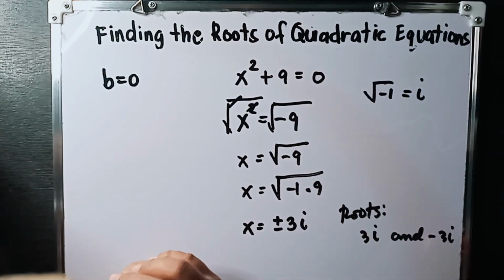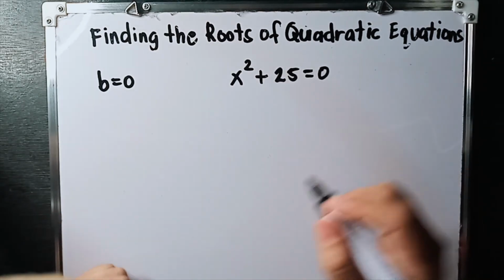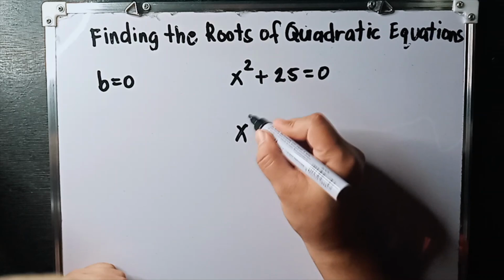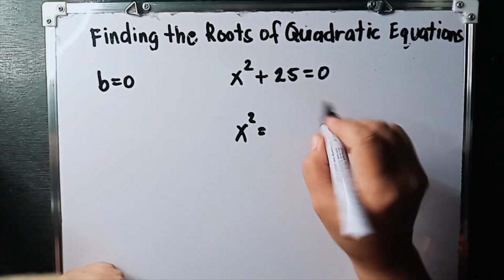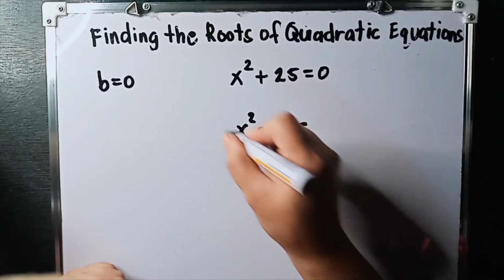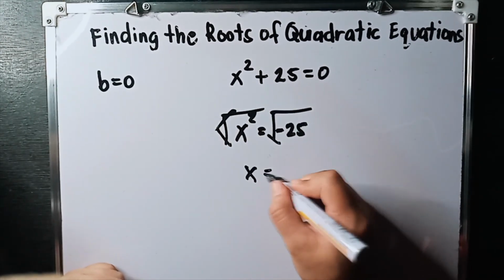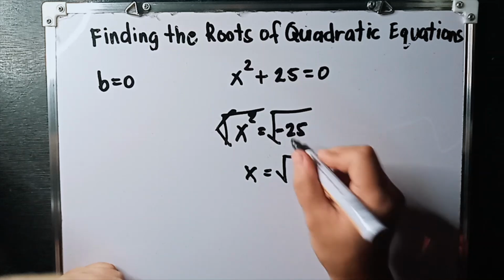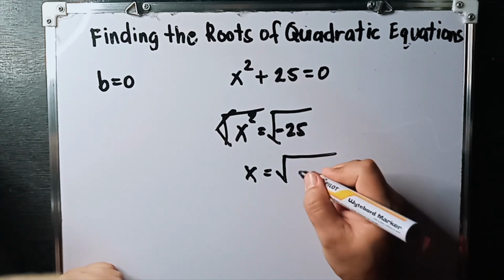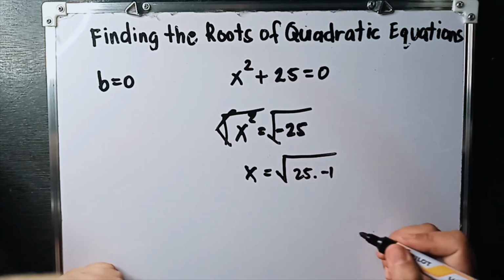Okay? So, here's another example. Okay, how about x squared plus 25? So, all we need to do is we have x squared equals, ilipat mo sa 25, we have negative 25. Square root ng magkabila, cancel yon. So, x equals, okay, factors ni negative 25 are 25 times negative 1.